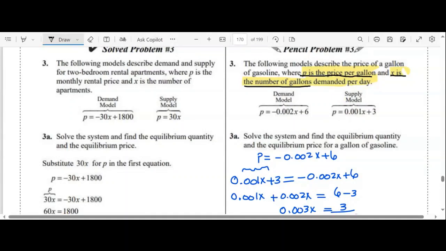Now we'll read the demand model. Demand model: P equals minus 0.002X plus 6. And what's the supply model? Supply model: P equals 0.001X plus 3. What's the meaning of demand?